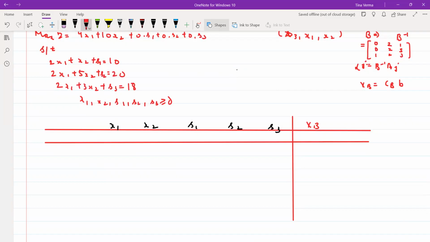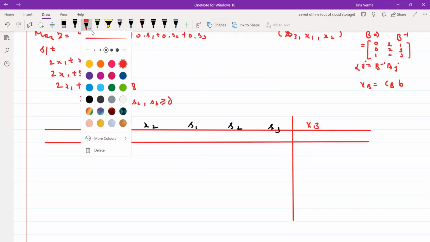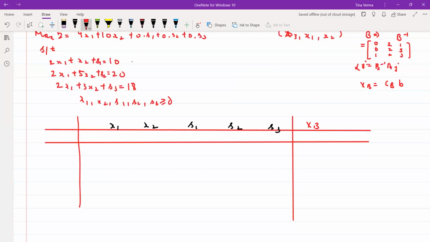The basic variables have already been given, that you have to use s3 as the first basic variable, x1 as the second basic variable, and x2. The cost corresponding to s3 is 0, the cost of x1 is 4, the cost of x2 is 10, right?